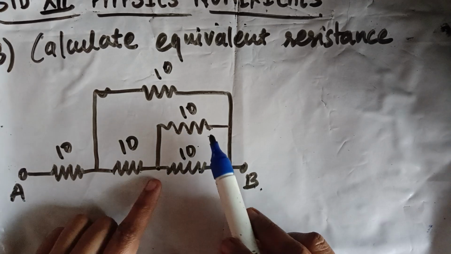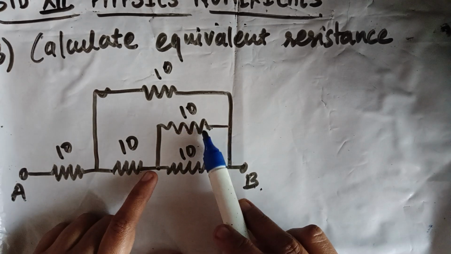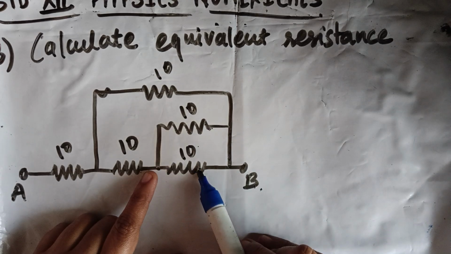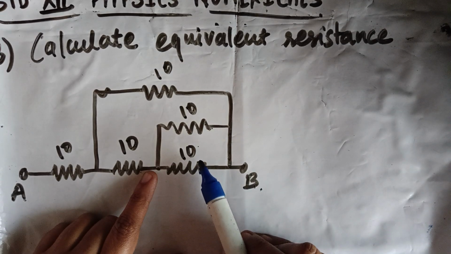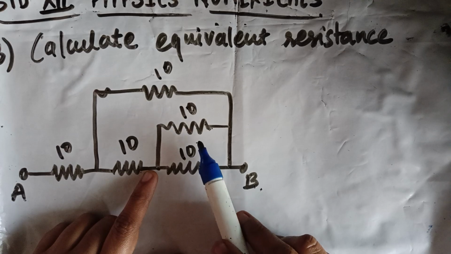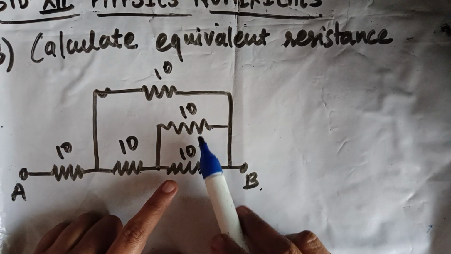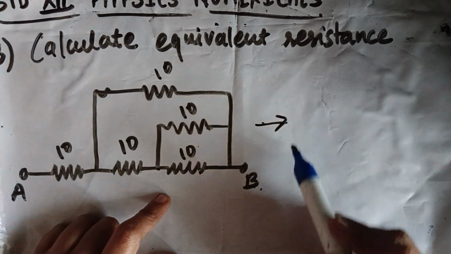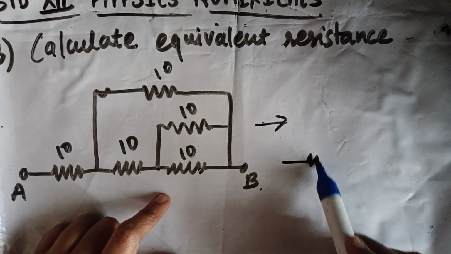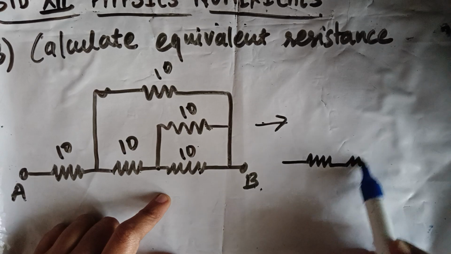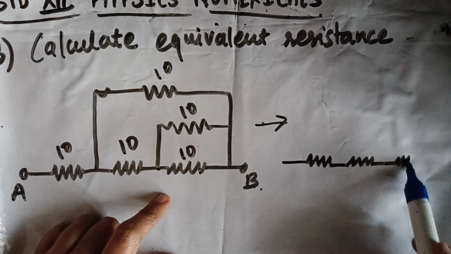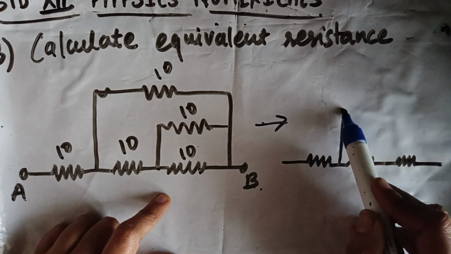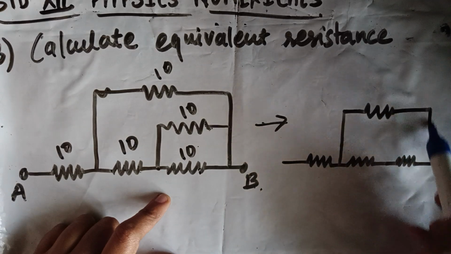Starting from here, these 2 resistances are in parallel, correct? So I'll draw it. This remains the same, so you'll get it like this.